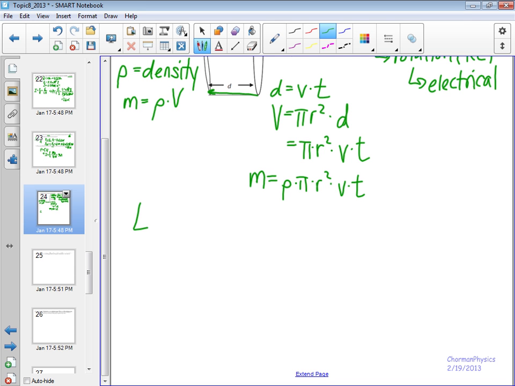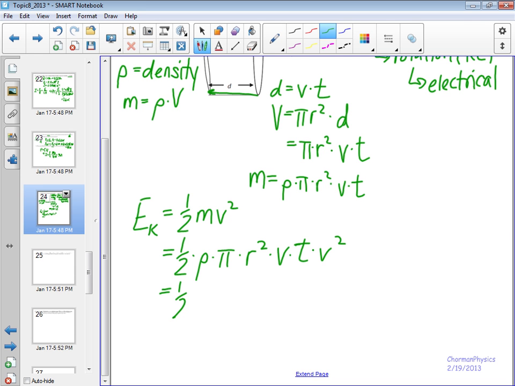From there, all right, we can actually calculate the kinetic energy of that air. It's just 1/2 mv squared. If we take our new definition of m and substitute that into this equation right here, we're going to have one long little equation here, and I'm going to not combine these v terms yet, okay, and once we do combine them, we have something a little bit easier to deal with.